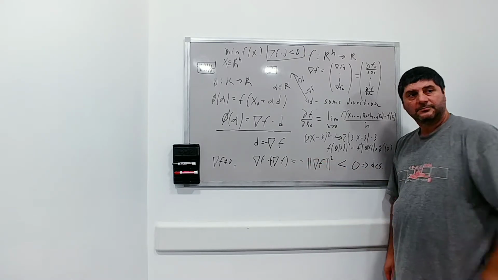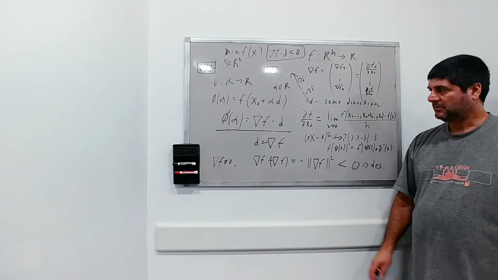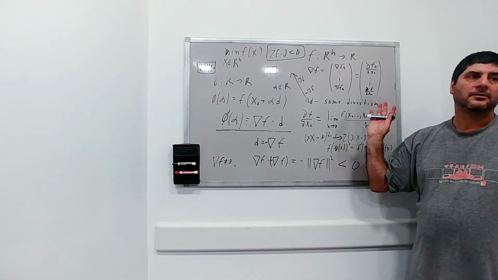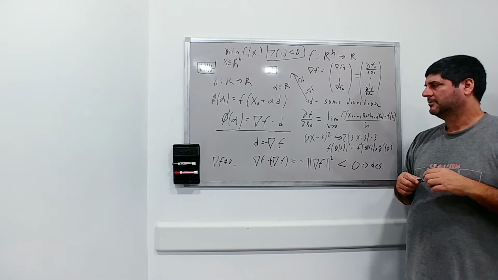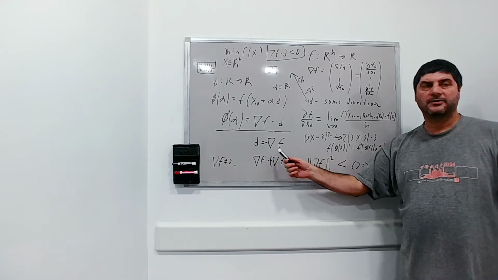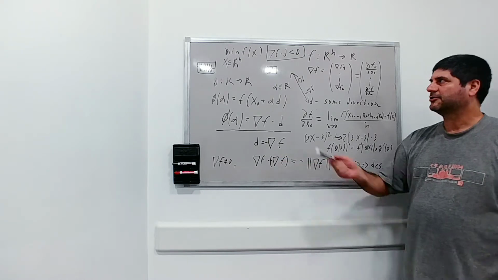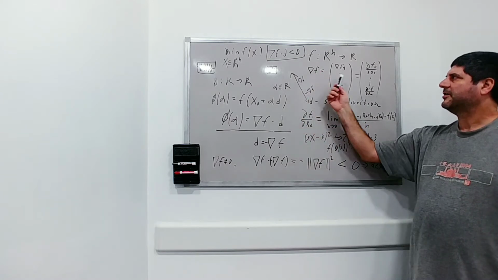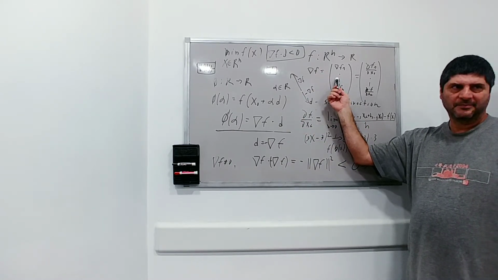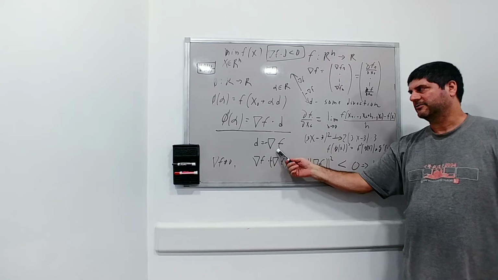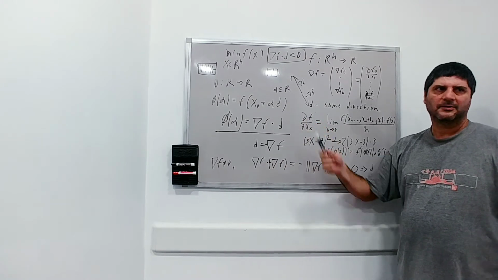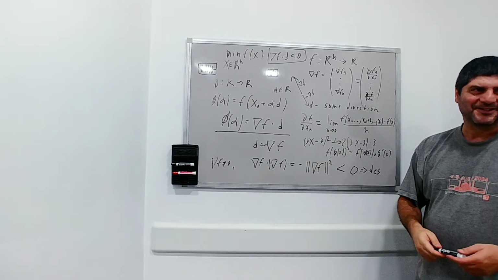d is a degree of freedom, right? You can choose anything. F is dependent on the function you are analyzing. The gradient is determined by the function, so the gradient is a function of the function. But I can choose minus the gradient, and that gives me one of the methods, basically.